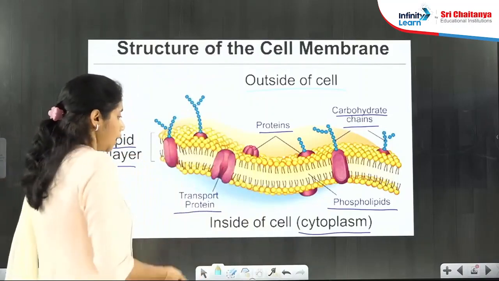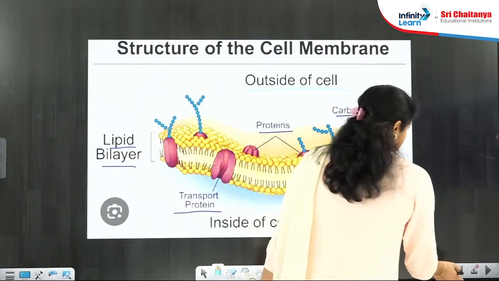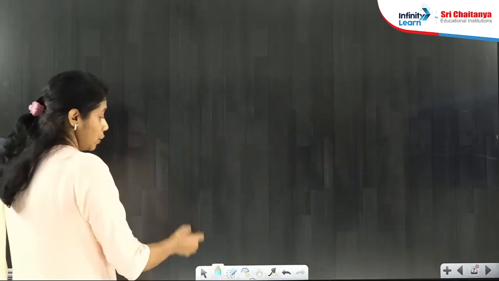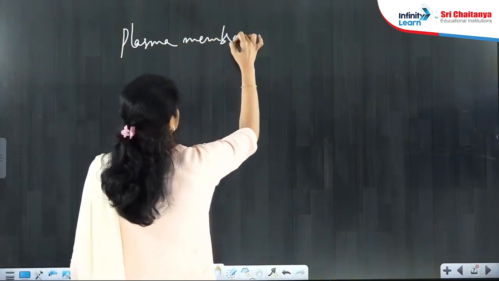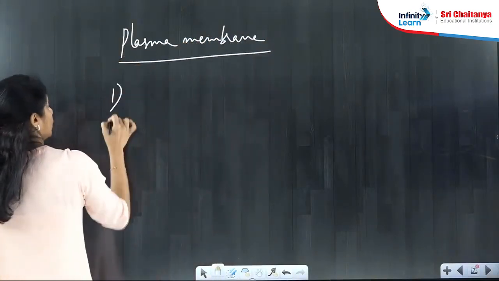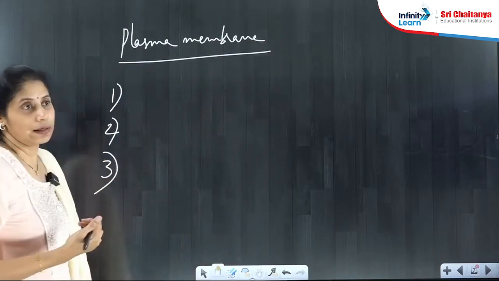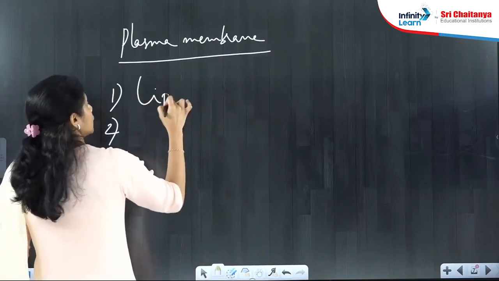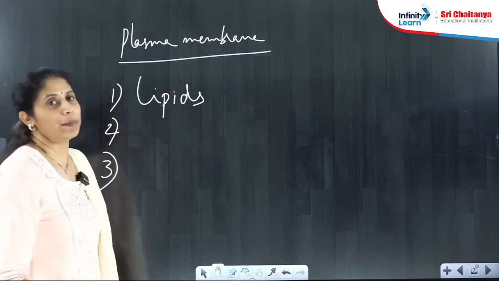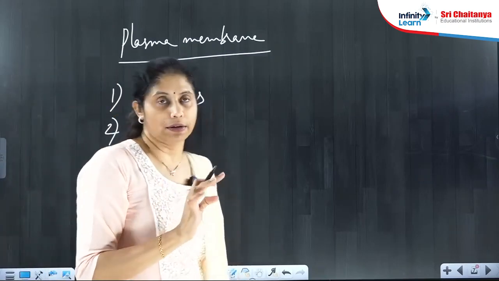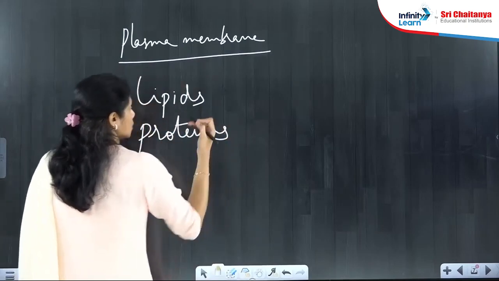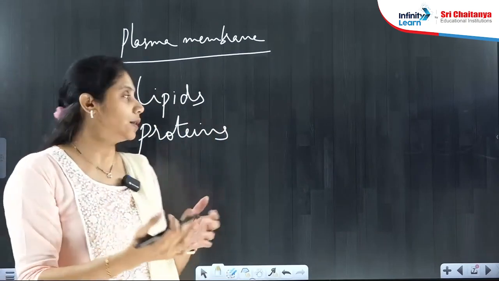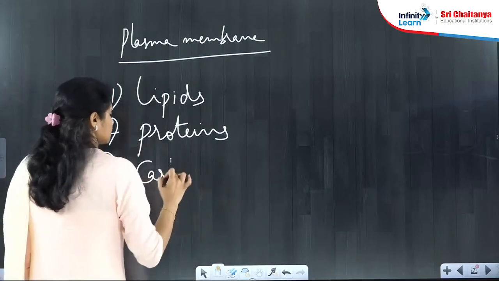So, plasma membrane is mainly made up of three things. The first material is lipids. Then the next material is proteins. Okay, lipids, proteins, and then carbohydrates.